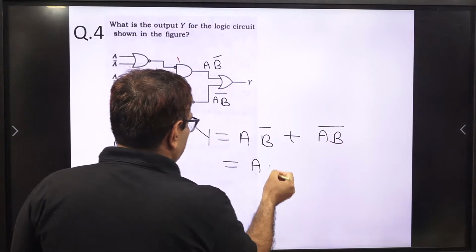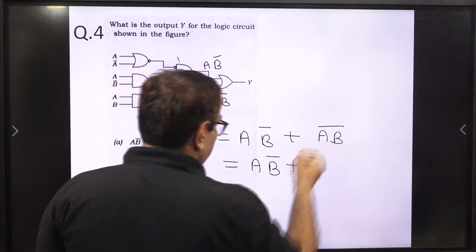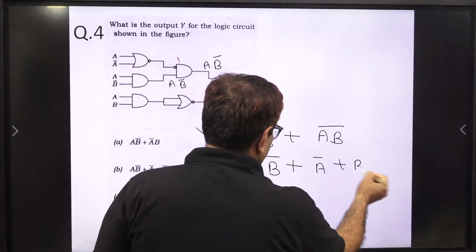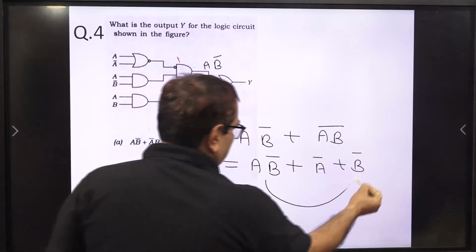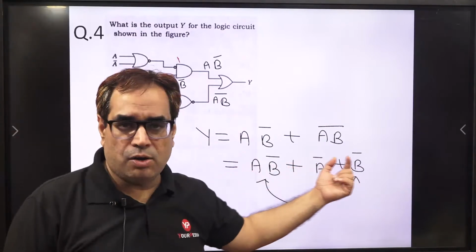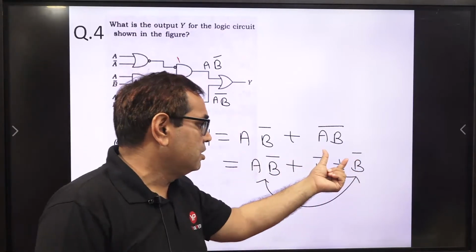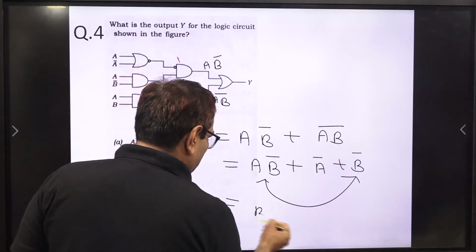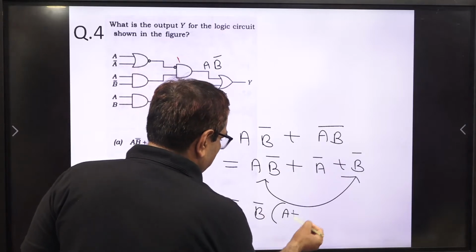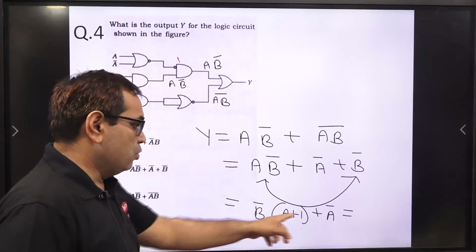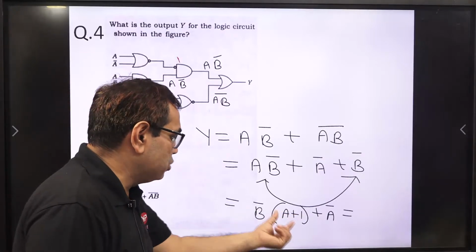Equal to A B bar plus, now here we can use De Morgan's theorem. So A bar plus B bar. Now from these two terms, we can take B bar common. Okay. So if we take B bar common, what we get? A bar plus 1. So taking B bar common, A plus 1 or plus A bar equal to, now 1 plus A is 1 and B bar into 1 is B bar.